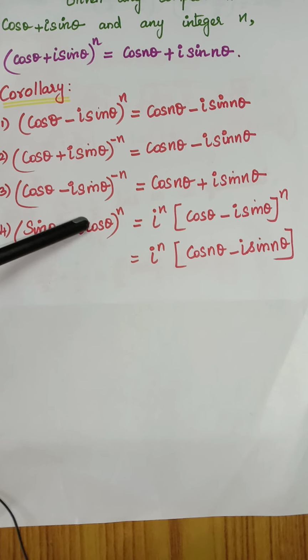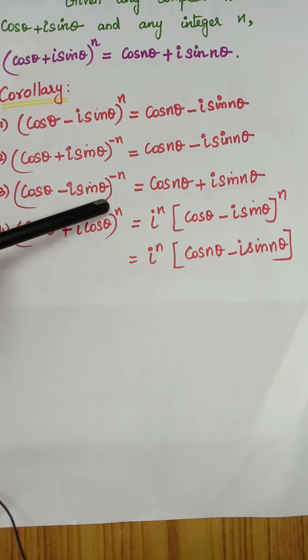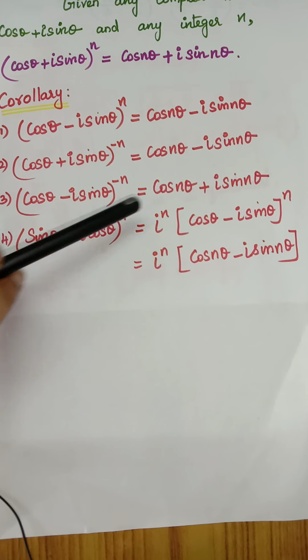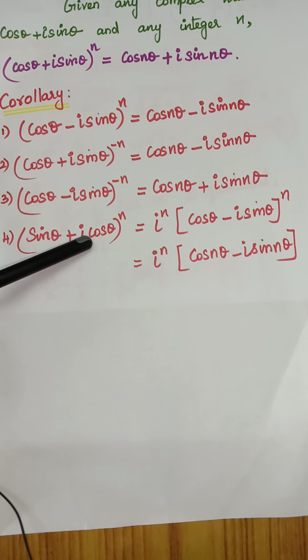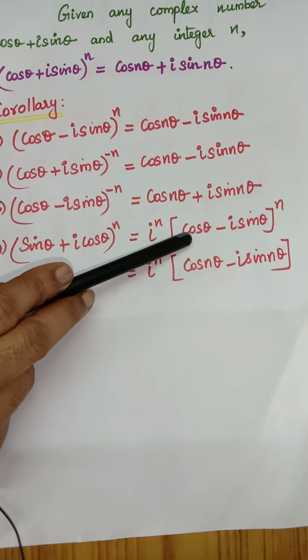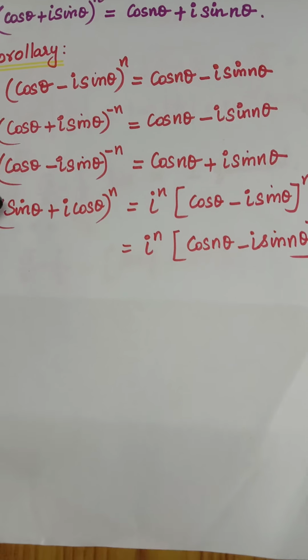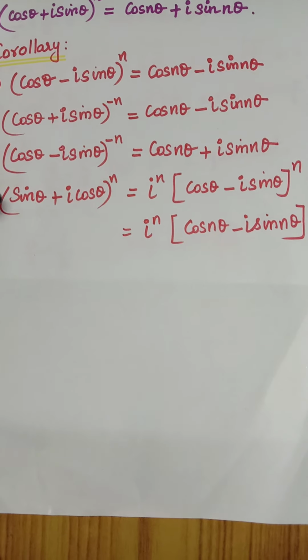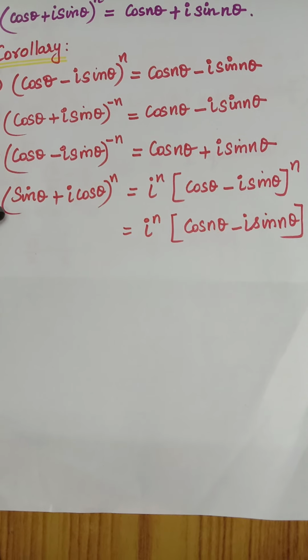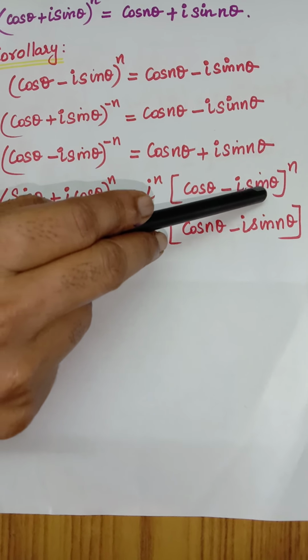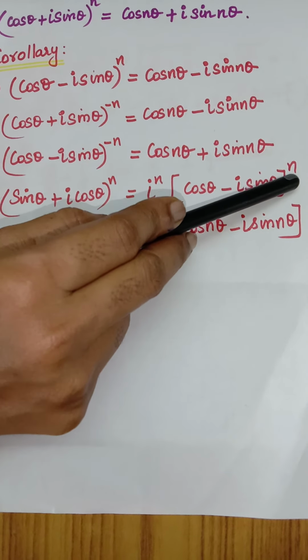If i is taken out, you have to take it along with the power, so I have written i power n. Now what is remaining here? It is cos theta. Here you don't have i, so you have to divide by i, that is 1 by i. 1 by i can be written as minus i. So this term will become minus i sin theta the whole power n.